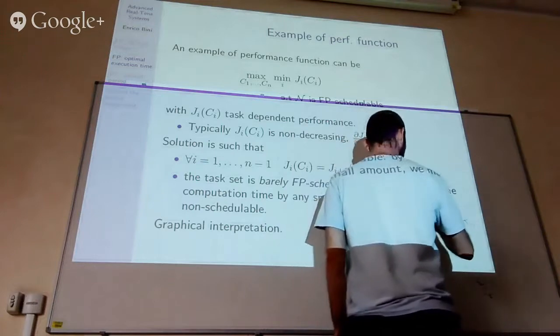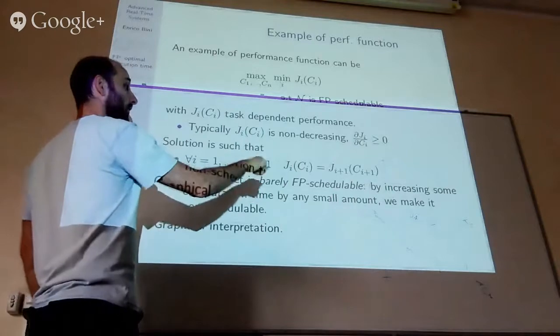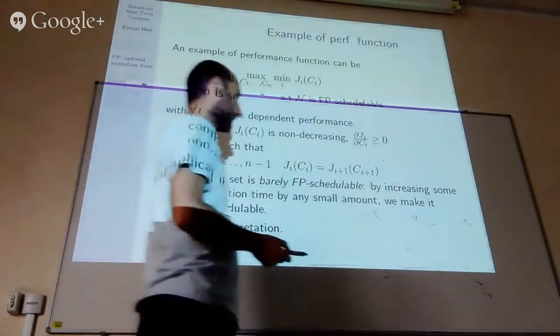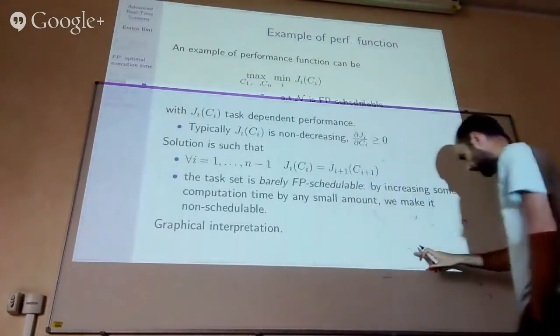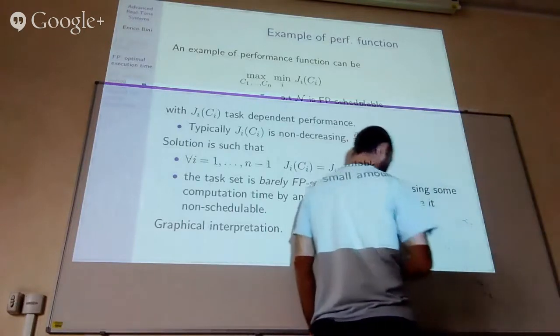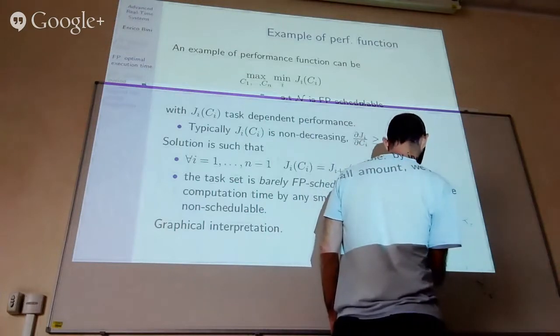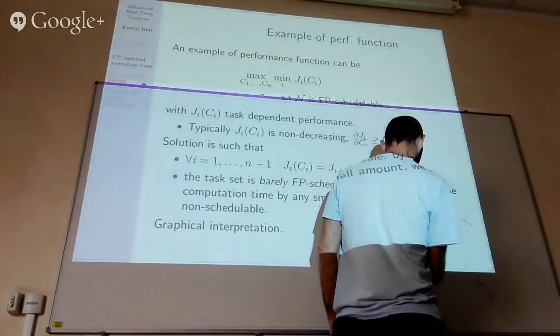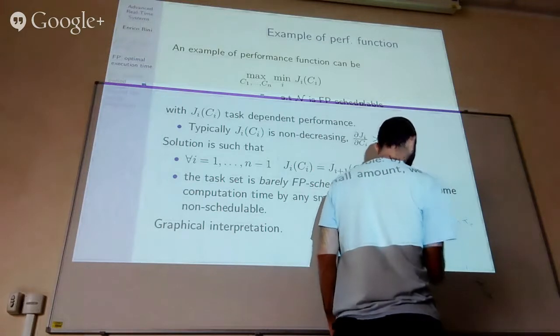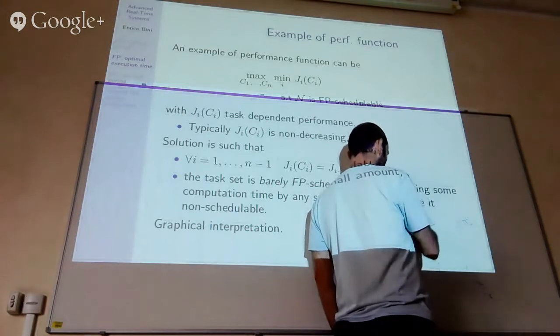Okay, J1 is a function of C1 only. Since the overall cost is the minimum, let's say that at these points, the two costs are equal to each other. Let me just think a second. So on this side, the cost J2 is increasing, but the cost J1 is constant. So if you're taking the minimum, yes, the level curves are like this.